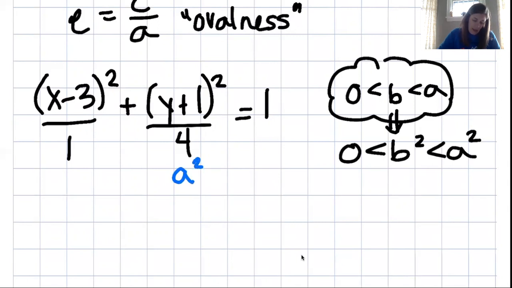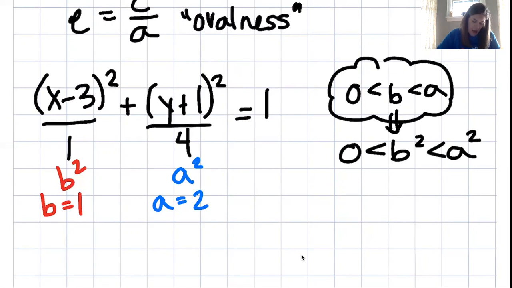This is a squared, and this 1 must be my b squared. So then, of course, I know that the distance from my center to my vertex is the square root of 4, which will be 2. And the distance from my center to my minor endpoints is going to be the square root of 1, which is 1.